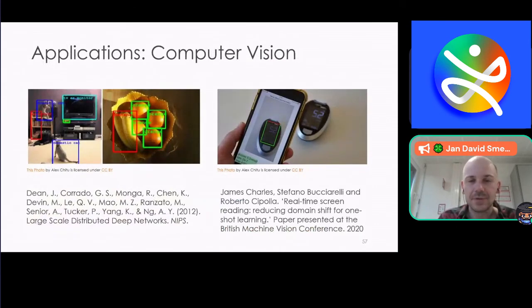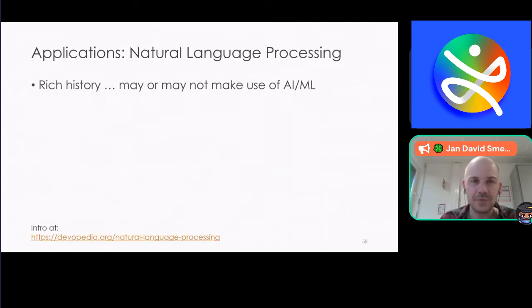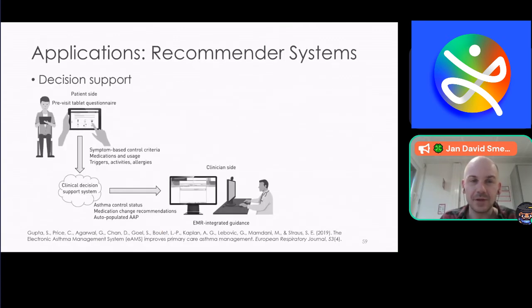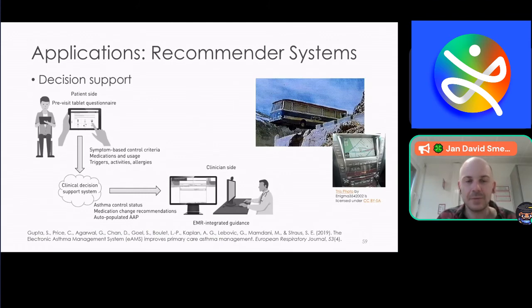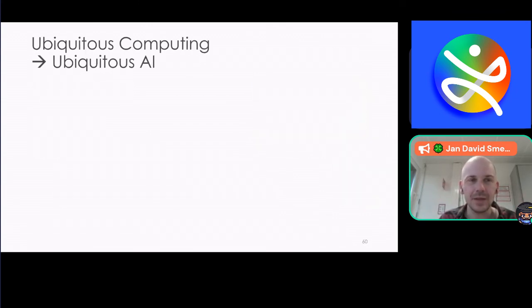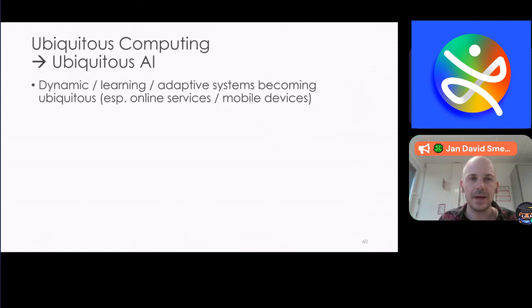So systems get widely used in computer vision, natural language processing, recommender systems, and we will get to that in a later session when we talk about decision support and use that as a critical case in a sort of a design critique exercise.